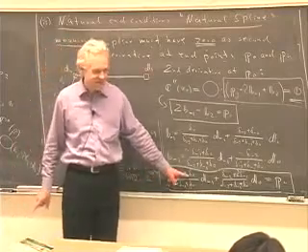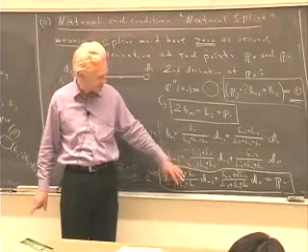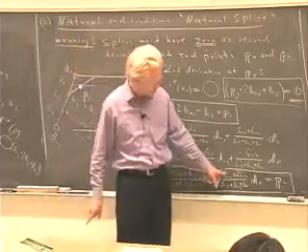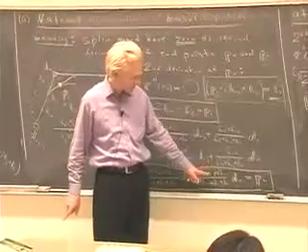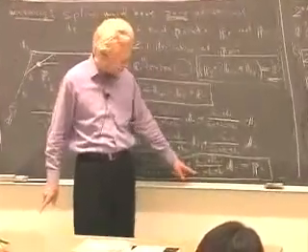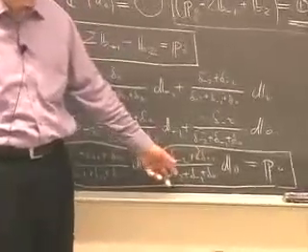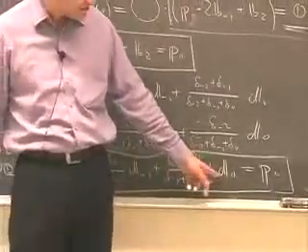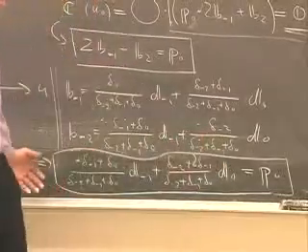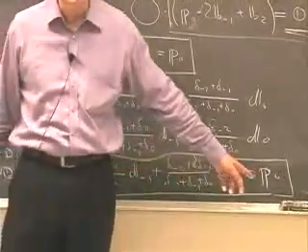Minus 1 plus 1 is 0. So this is 0. 1 plus 2 is 3, and 1 plus 1 plus 1 is 3, so 3 over 3 is 1. So what is 1 times d0? It's d0. It's very simple. It becomes d0 equals p0.